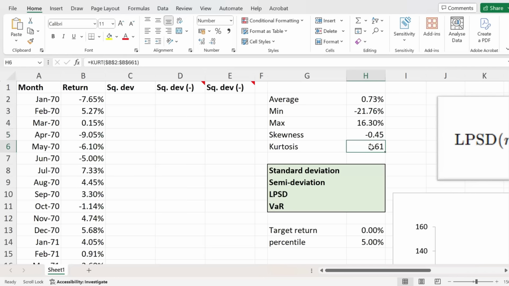These two statistics are important because standard deviation works well as a measure of risk when skewness is 0 and when excess kurtosis is 0 as well. As we can see, this is not the case, and this is quite common. So that's why we also consider these alternative measures of risk.